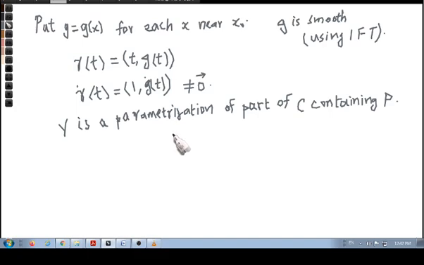This proof is a little bit geometrical, and its analytical proof is there that we will be discussing afterwards. Thank you.